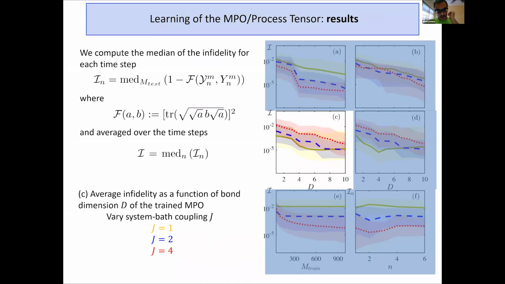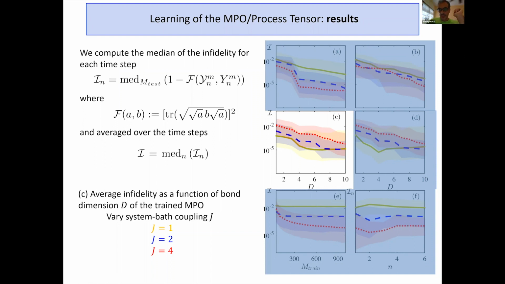Here we see that for small system-environment coupling, it's a lot easier to learn the process, because you can imagine this would be almost unitary evolution of the system, especially if the time scales we're using are fairly small. The environment has no time to play too much with the system. But as we increase J, for example, J equals 4, we need a much larger bond dimension, although the numbers are not crazy, so bond dimension 10, to achieve a low enough infidelity.